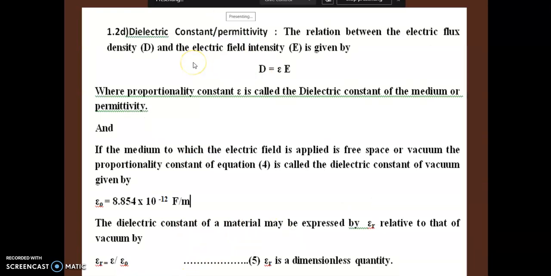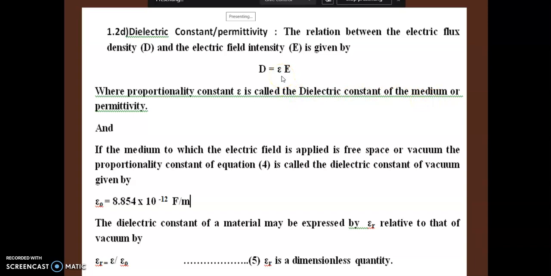Now what will be dielectric constant or permittivity? You know this dielectric constant or permittivity. So the relation between the electric flux density D and electric field intensity E is a constant of proportionality. So you can see epsilon will be equal to D upon E, where the proportionality constant epsilon is called the dielectric constant of the medium or permittivity.